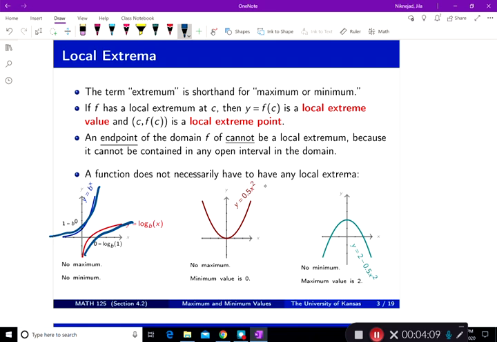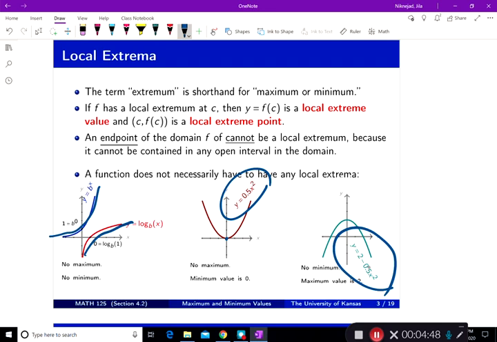Now look at the parabola y equal to half of x squared. This one has no local maximum. It does have a local minimum value, which is the y value over here. Both x and y value are 0, so the local minimum value is 0. In here, y equal to 2 minus 0.5x squared has a local max, but it doesn't have a local minimum.